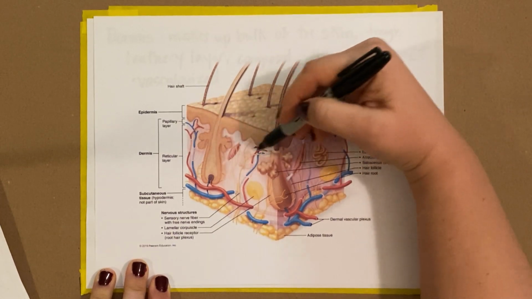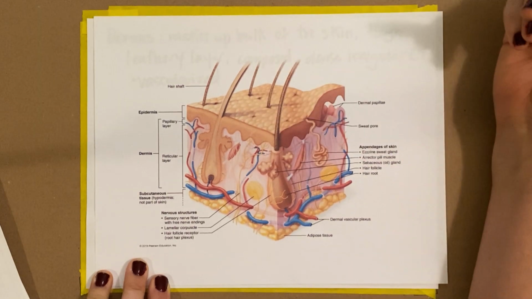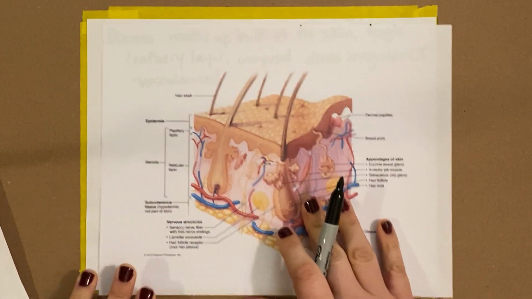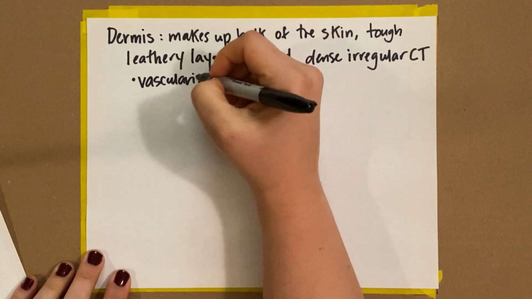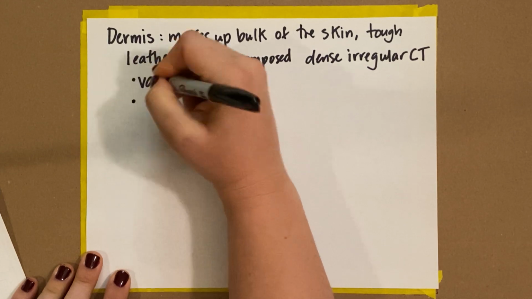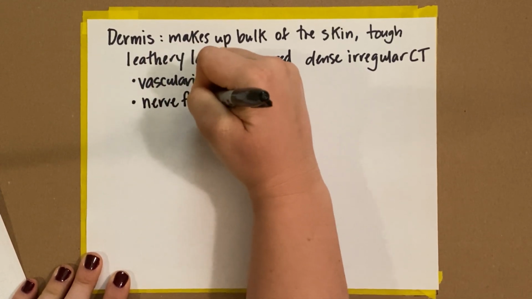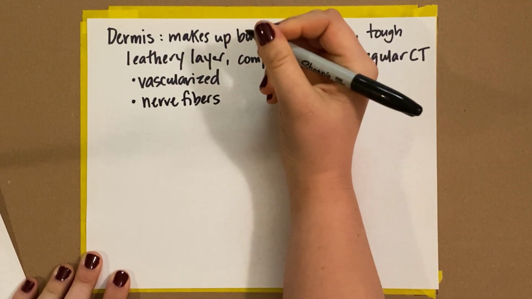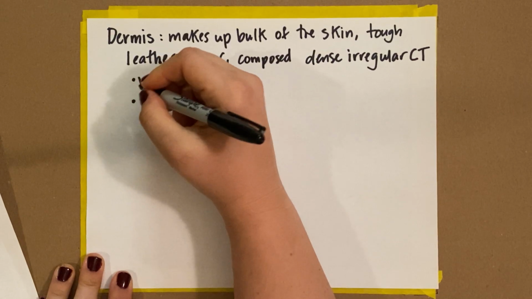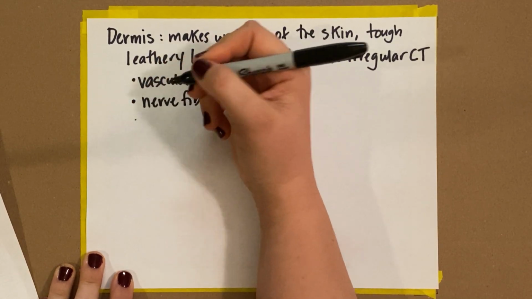But these bottom layers will be considered living and will get all of their nutrients from the dermis. And it is vascularized, and it's also going to have nerve fibers. We'll talk about some very specific types. This is also going to be the location of the hair follicles and the glands.